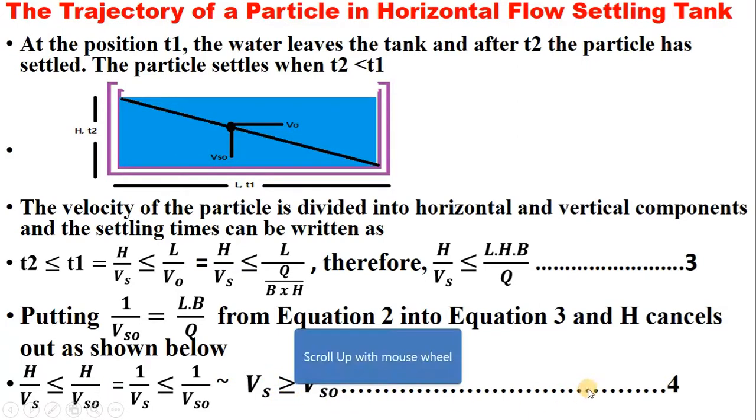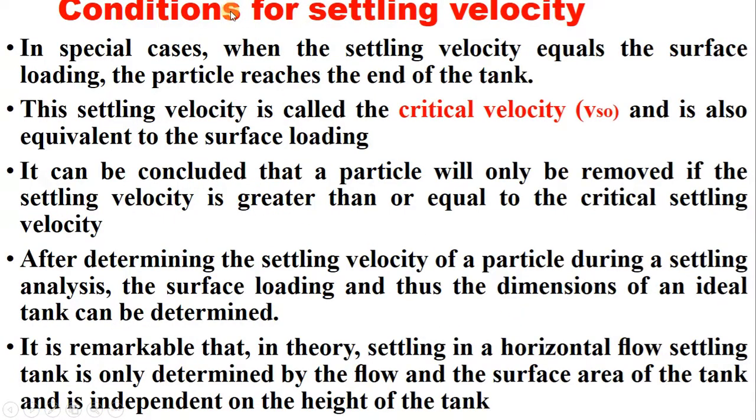That is equation 4. So from equation 4, conditions for settling velocity. In special cases, when the settling velocity equals the surface loading, the particle reaches the end of the tank.